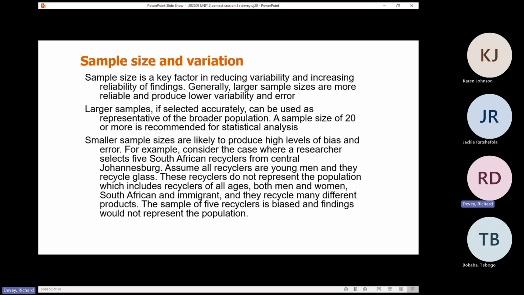So when you're doing quantitative research, it's recommended that your minimum sample size would be around 20 cases, but it depends on what you're doing and what kind of population you're targeting. The reason why we try and avoid small samples is because they're likely to have a high level of bias in them. And remember, we spoke about some of the biases that come into the process of sampling.